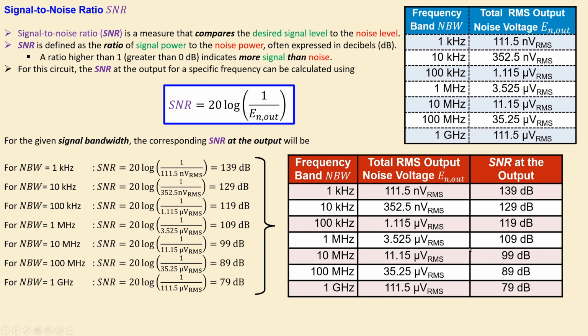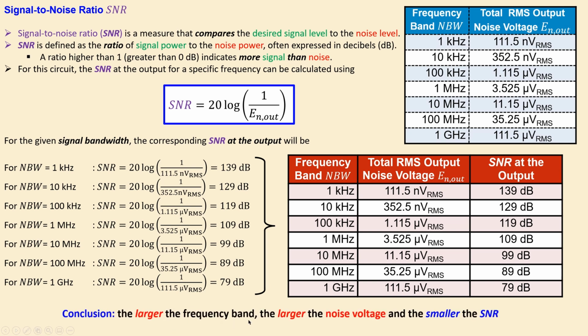It is very straightforward, because if I have more noise voltage, the SNR will of course decrease. So you will have a decrease from 139 dBs all the way to 79 dB if you go from 1 kilohertz to 1 gigahertz. That is what you see in this table. So in conclusion, the larger the frequency band, the larger the noise voltage, and also the smaller the SNR, which is straightforward of course.